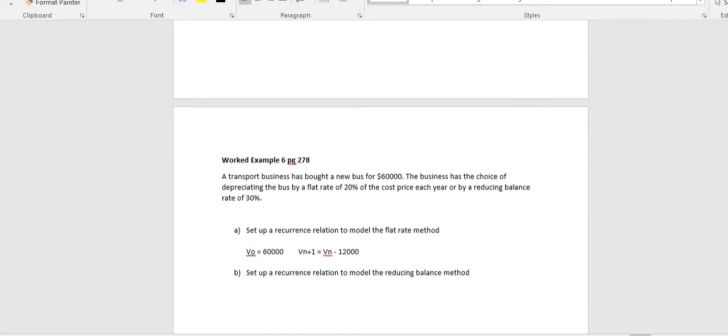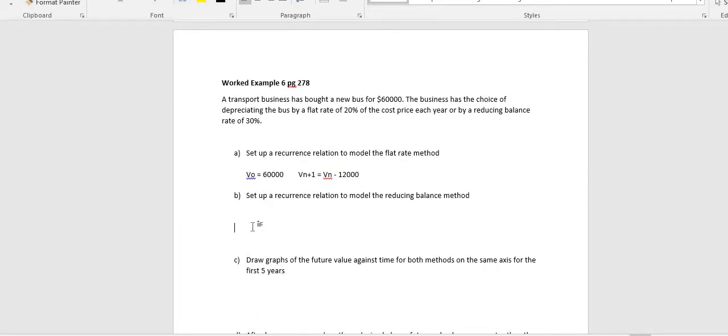So we've got our flat rate method set up already. Now we've got to set up our reducing balance method. Initial term V naught equals 60,000. That's the same as the one before. So we've still got the same start point, which is $60,000.